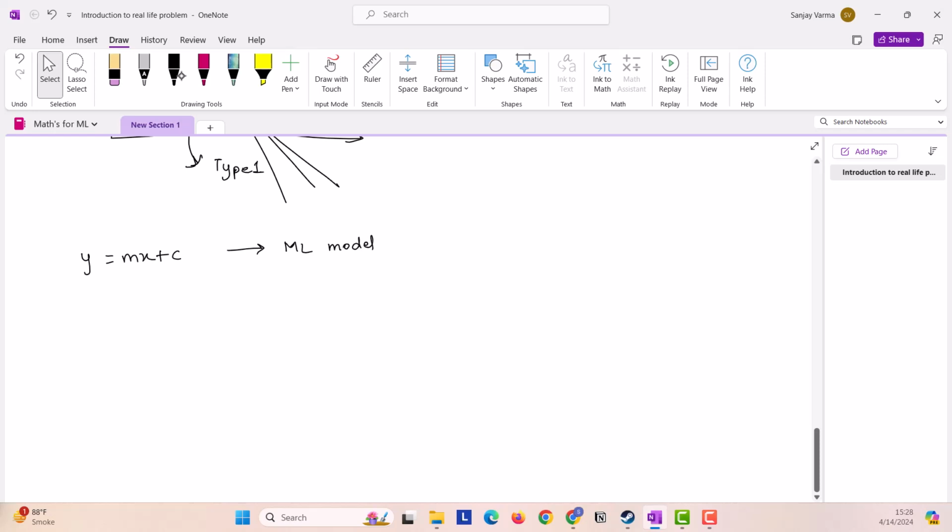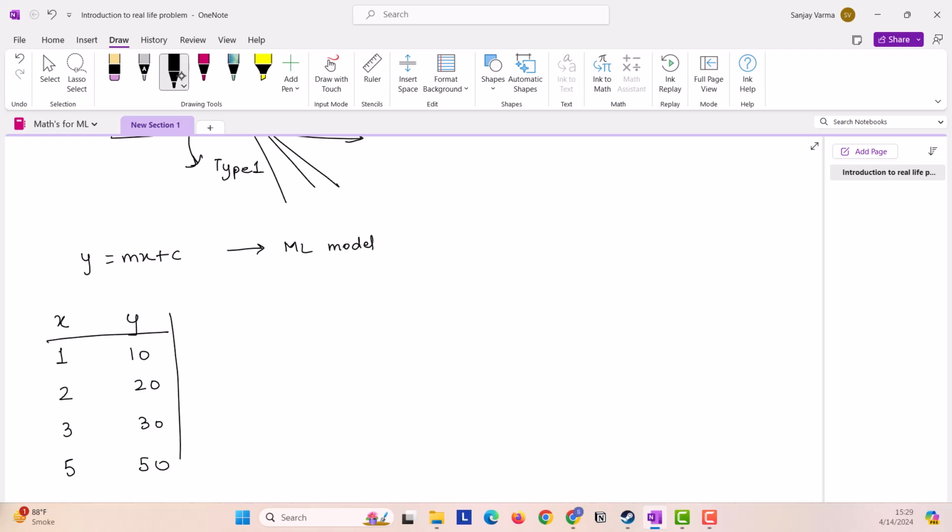Let's say you are given data x and y, where the value of x is 1 and the value of y is 10. If the value of x is 2, the value of y is 20. Right? So based on this data, what can we say? We can say y is 10 times x.